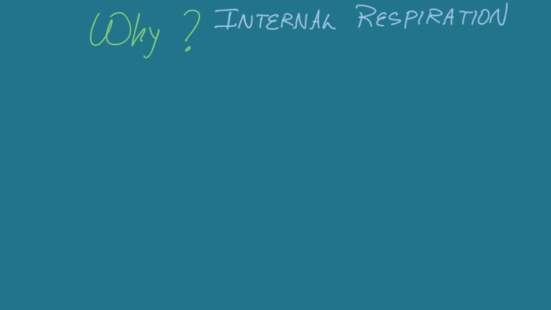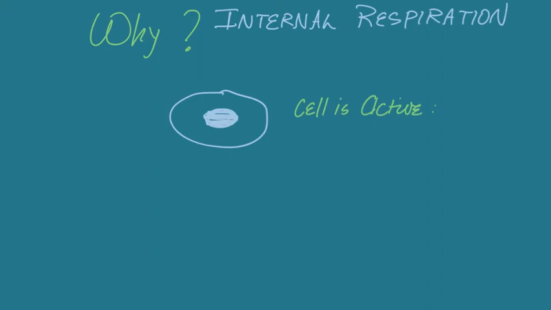Hemoglobin will release more oxygen molecules to a cell that is active and less oxygen molecules to a cell that is not. How does hemoglobin know that? A cell that is active will have more carbon dioxide because it is breaking down glucose to provide energy, and carbon dioxide is the byproduct.